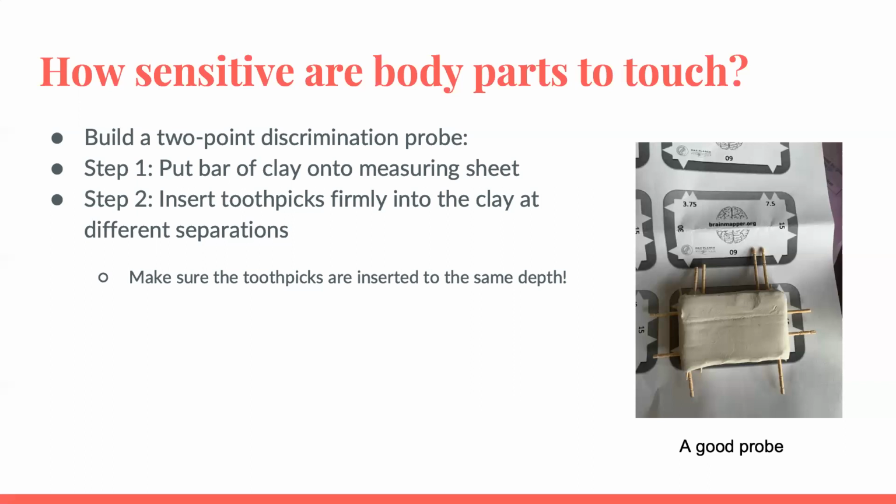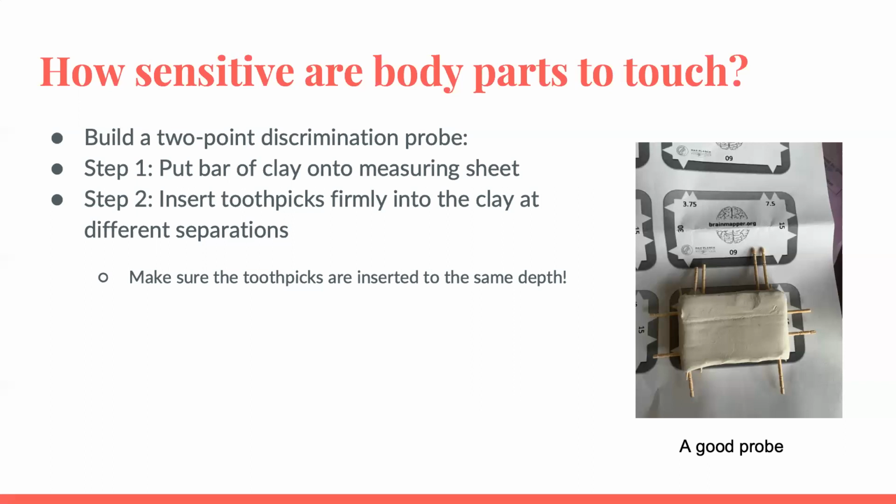What this probe would do is you slide it on some body part, like let's say my palm, and you close your eyes and you ask yourself, do I feel 1 point or do I feel 2 points? If you're feeling 2 points, that means this body part is sensitive to a small separation, right? So you can imagine if your 2-point separation is very large, let's say several inches, and this body part feels that you're actually using 2 points, it probably means it's not very sensitive.